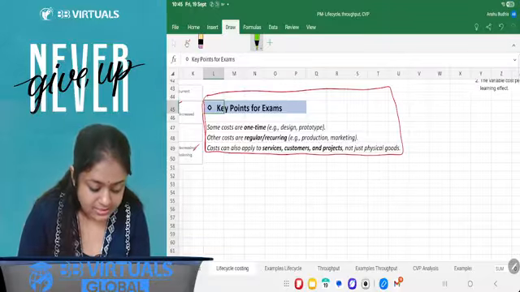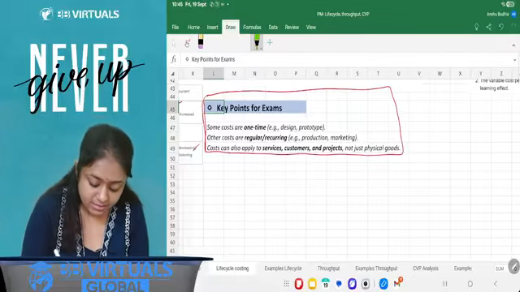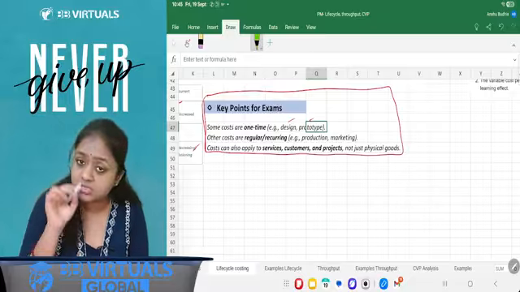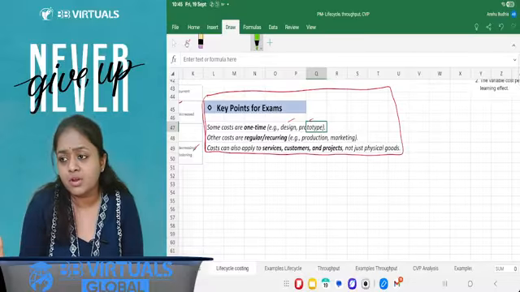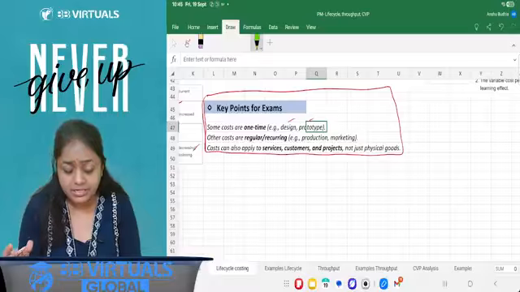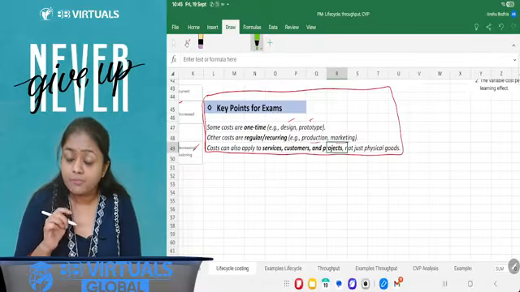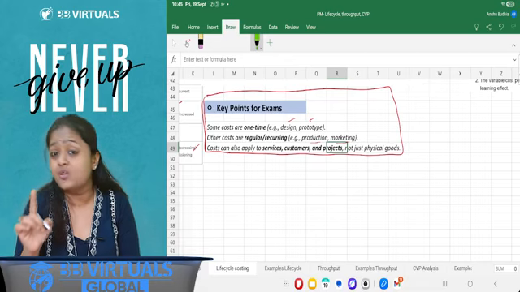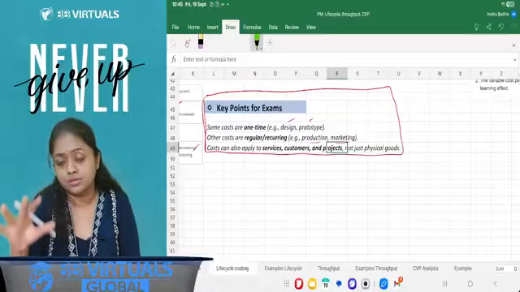Some costs are one time, like design and prototype. They are one-time costs. Some costs are regular or recurring, like maybe research cost, production cost, marketing cost. These are all regular and recurring. So remember, whether it's a one-time cost or a recurring cost, it will not matter. In life cycle costing, you will add both.